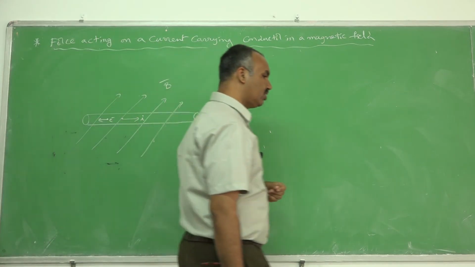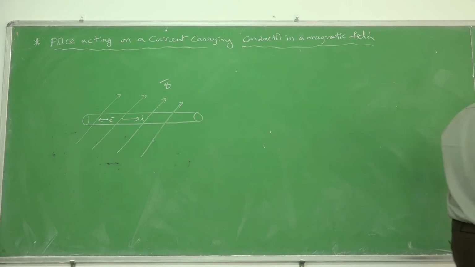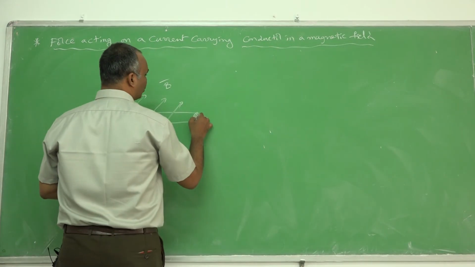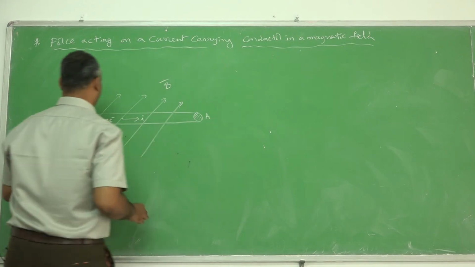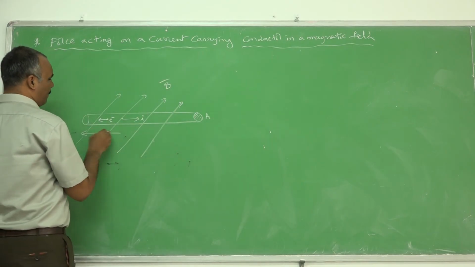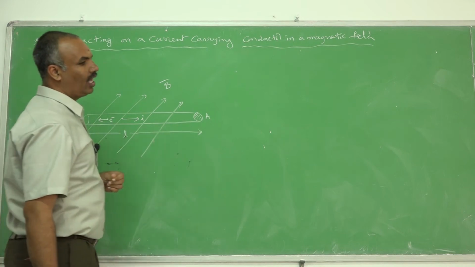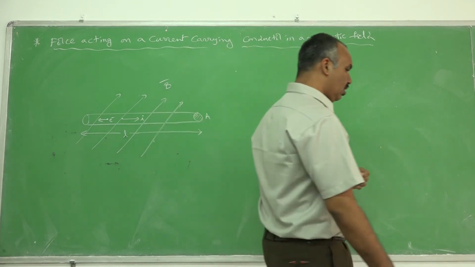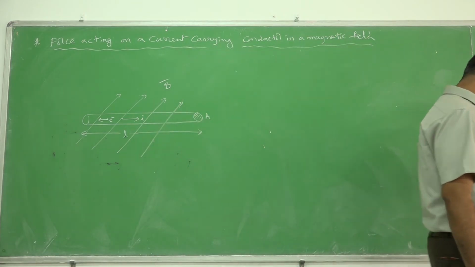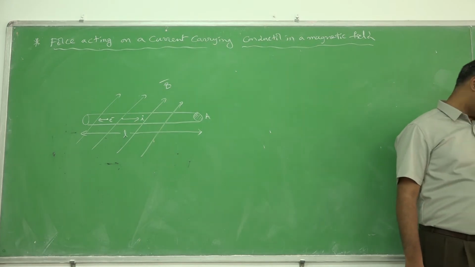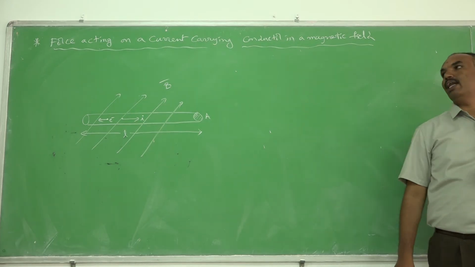How to know the direction of this force? And what is the magnitude of this force? This is our idea. For my convenience, let me take the area of cross section of the conductor as A and length of the conductor as L. The force direction and the magnitude of force are the things we have to calculate.